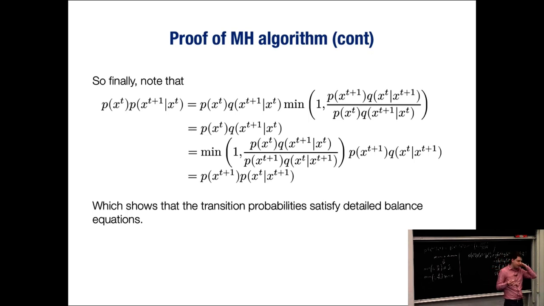I guess there are other choices that satisfy this too, but this is the simplest one you can think of that will satisfy the detailed balance equation, and so will lead to samples from the distribution of interest. And so that's the proof.